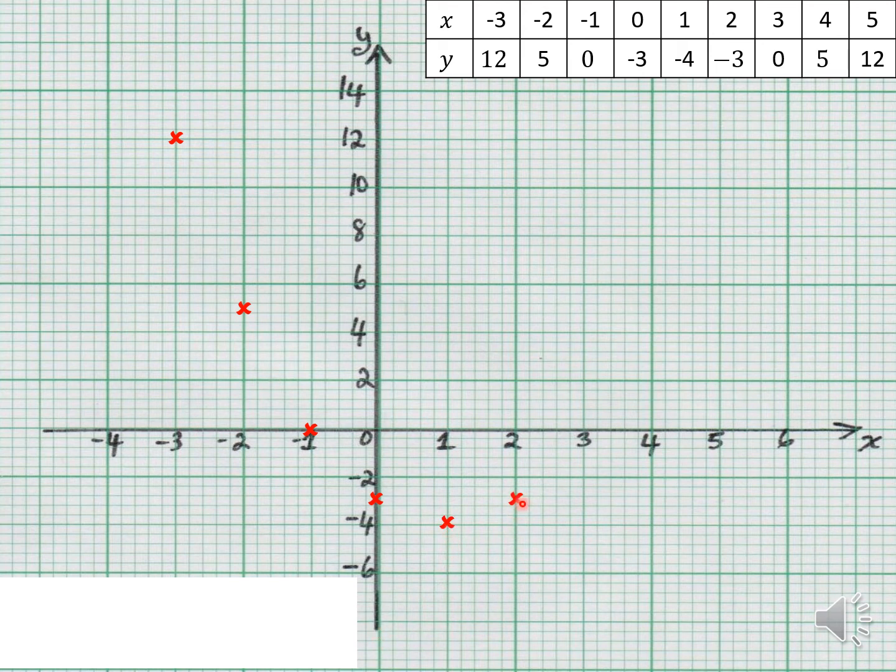You see it turns back up, and then we have the point (3, 0), then the point (4, 5), and lastly (5, 12). So now I have all my points, and the way I plotted them, I can already see they are behaving exactly like I said the function would. So let me draw my curve, and also label my function.